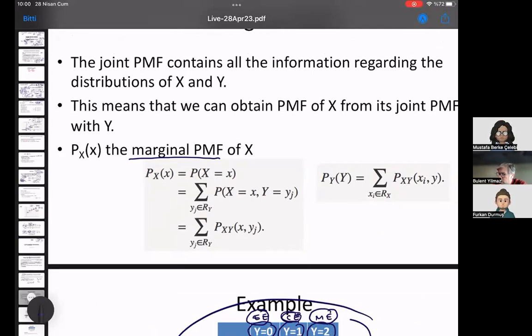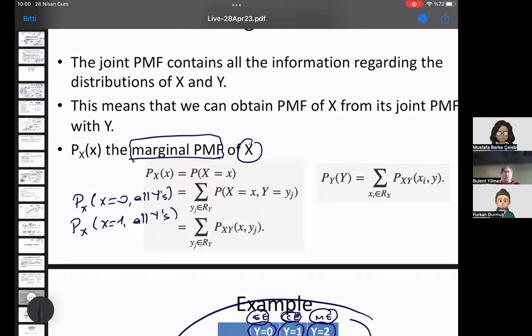For example, probability of X equals 0 and for all Y's, okay, that's called marginal PMF of X. Probability of X equals 1 and all Y's, then it is called marginal PMF. Normally I have marginal PMF of X and marginal PMF of Y.